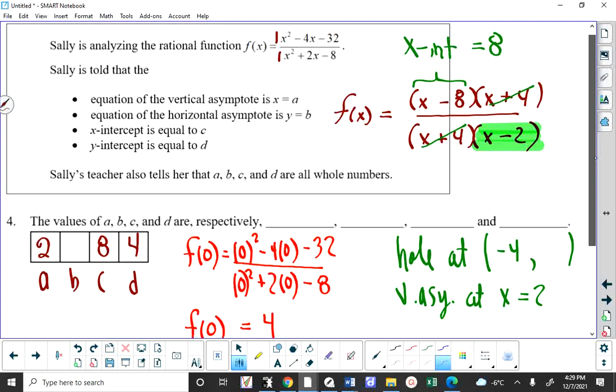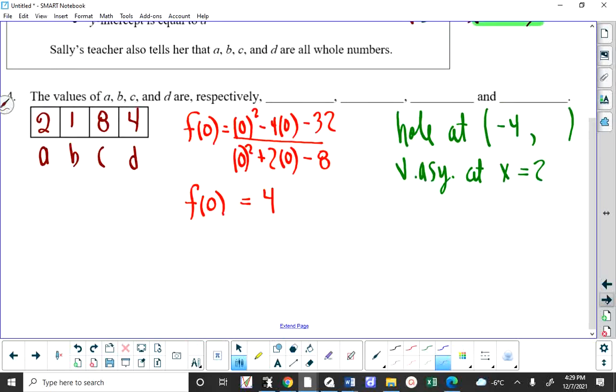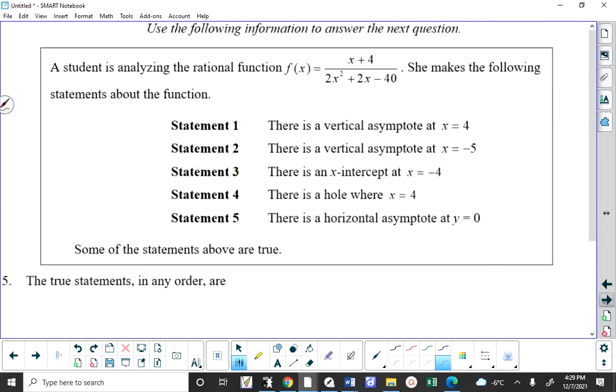And when they're the same, the horizontal asymptote is at y equals the ratio of the coefficients of the highest degree terms. Numerator coefficient of the highest degree term over denominator. And that makes it y equals 1, so b is 1.